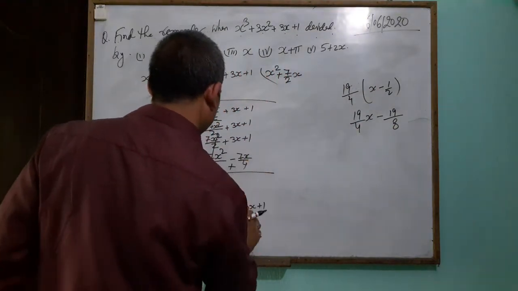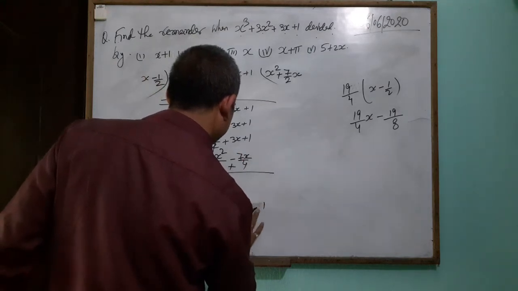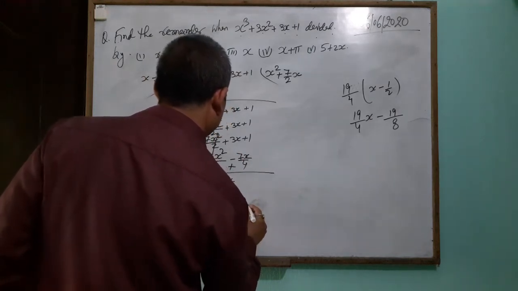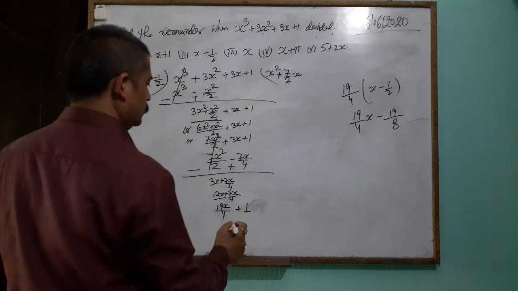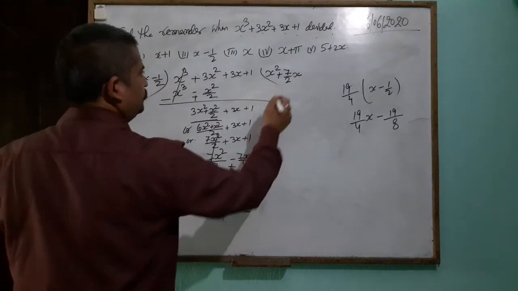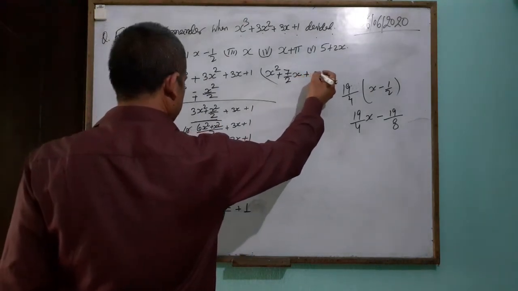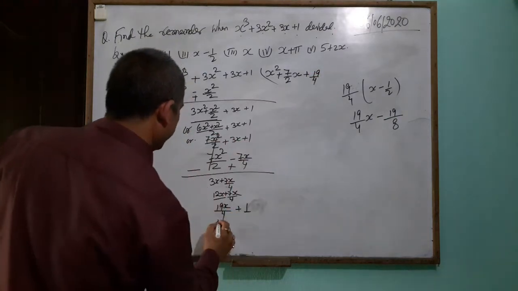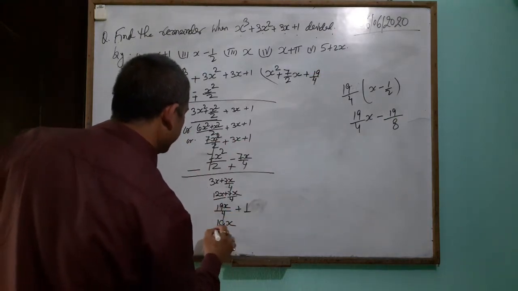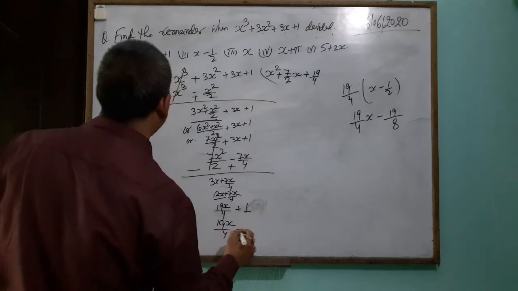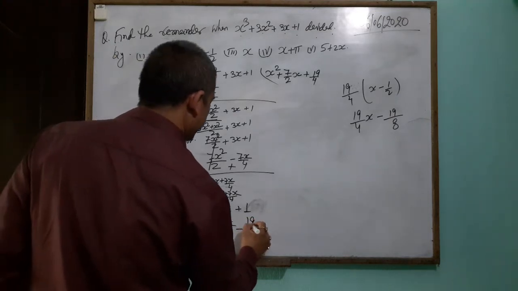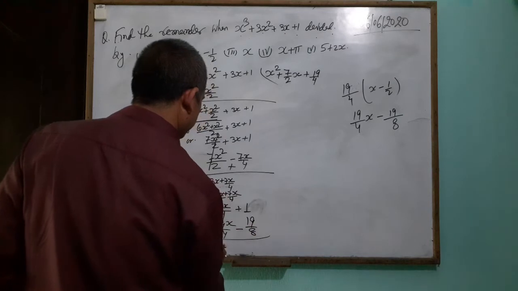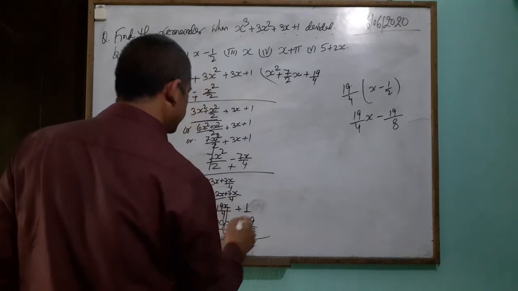With 3x to already. So just multiply by 19 by 4. So we get 19x by 4 minus 19 by 8, minus plus cancel.